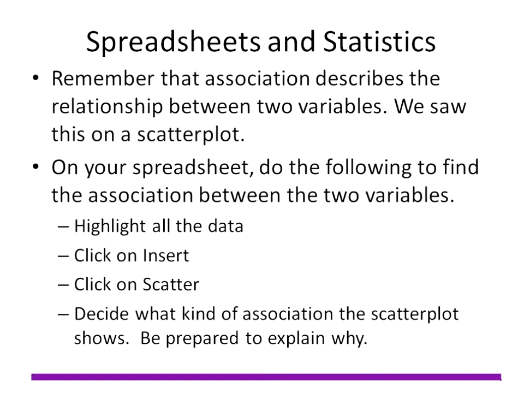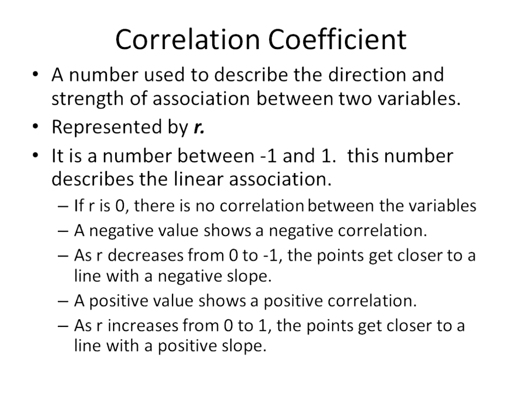That's a quick review on association, and we're going to use that as we move forward, so make sure you don't lose what's on your screen. Remember, the first thing I said was we're going to learn about the correlation coefficient.